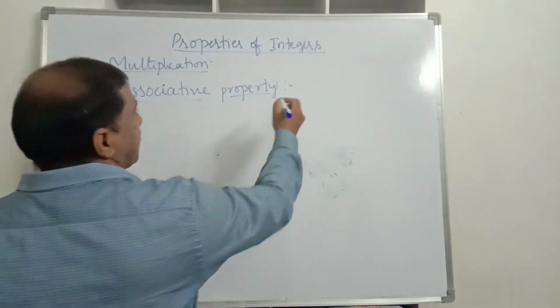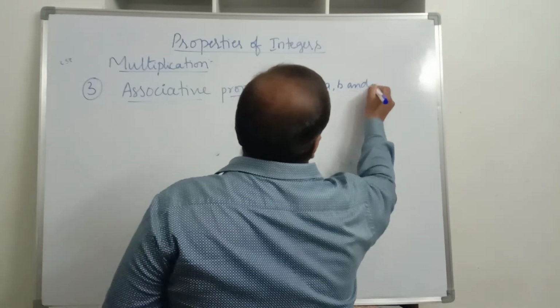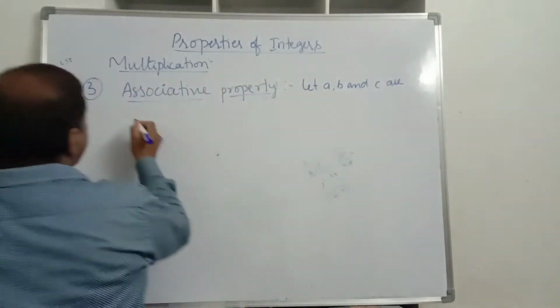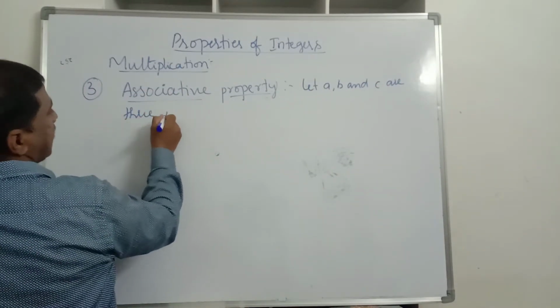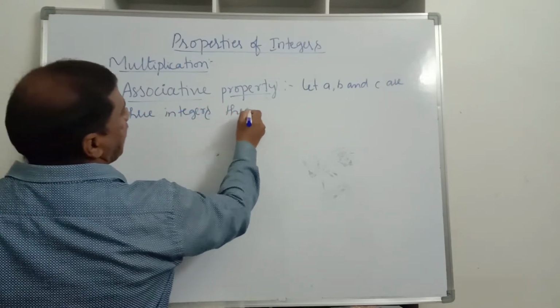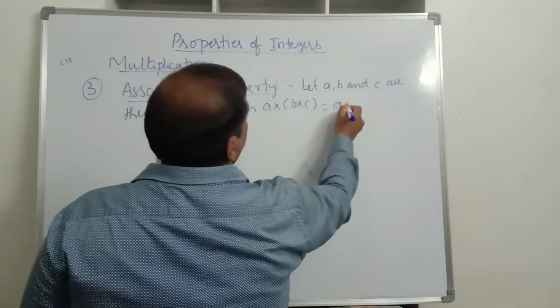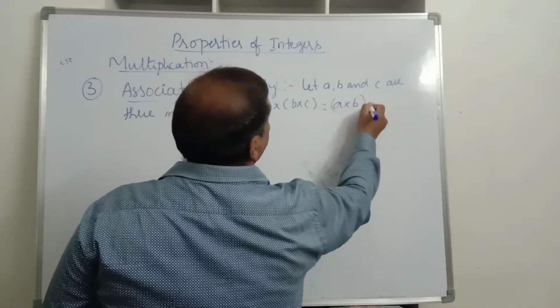What it states is, let A comma B and C be three integers. How many integers? Three integers. Then A into whole B into C is equal to A into B whole into C.